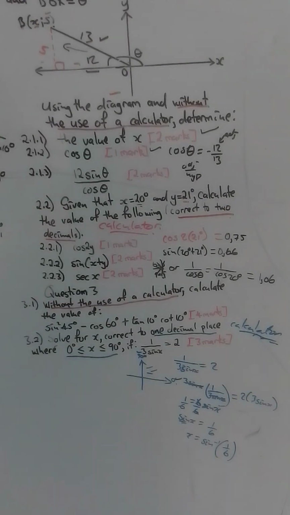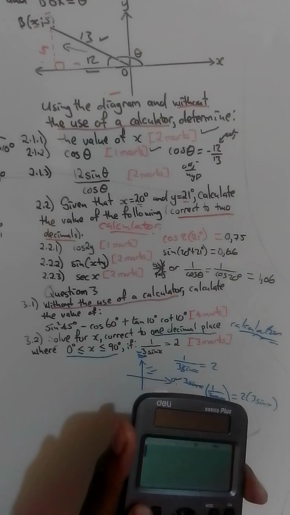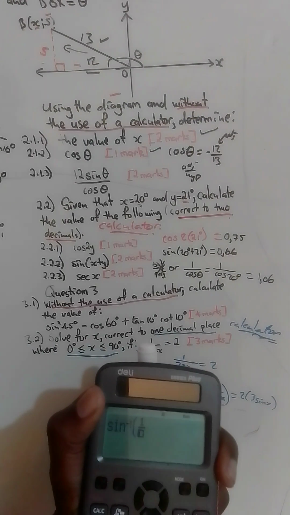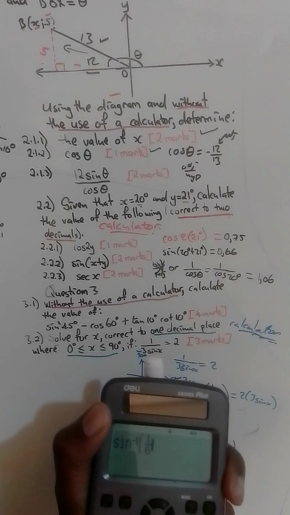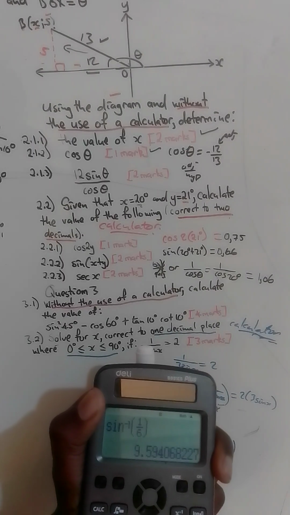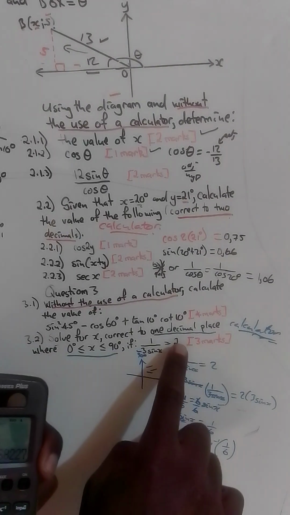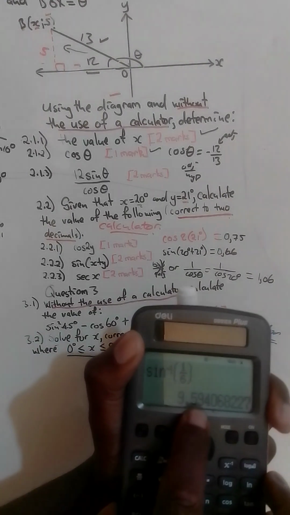Remember, they said I'm allowed to use the calculator. So I now fetch my calculator and for the inverse, I press shift and I press sin here. Then I enter 1 over 6 and then I find the value. The value is 9.59 and they said to 1 decimal place.